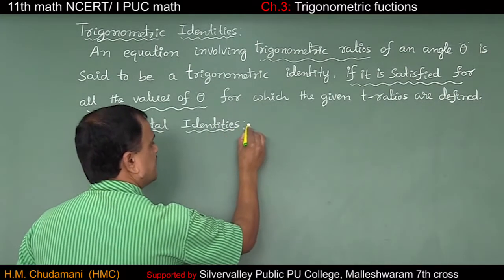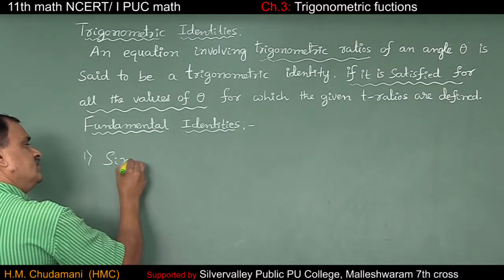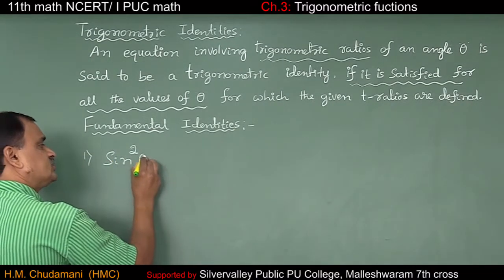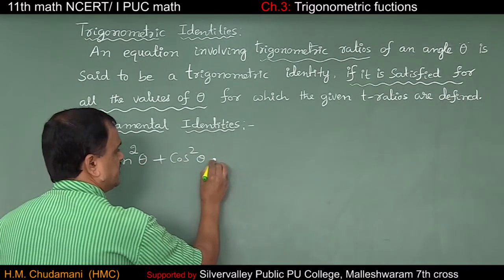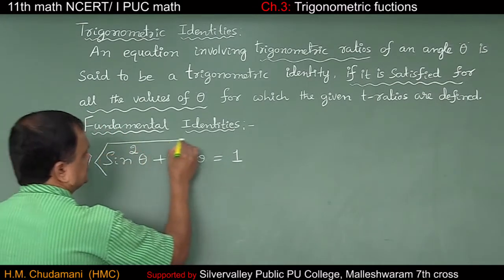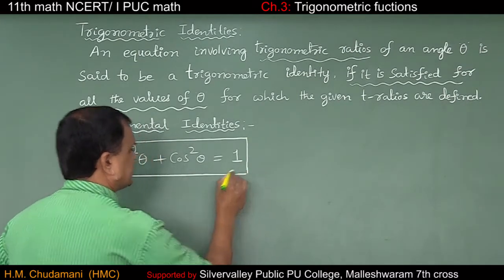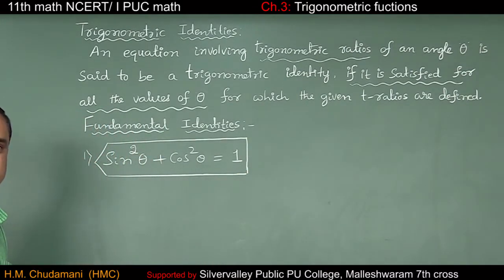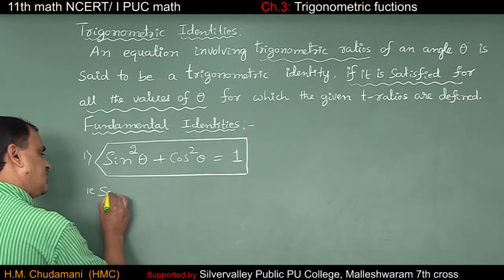The fundamental identities. The first one, sin square theta plus cos square theta is equal to 1. This is the first identity. You can prove this geometrically, of course. Let us see the different possible arrangements of this one.